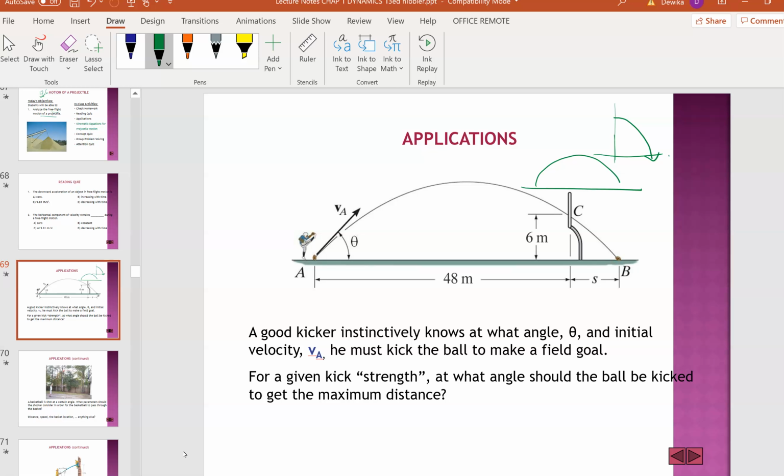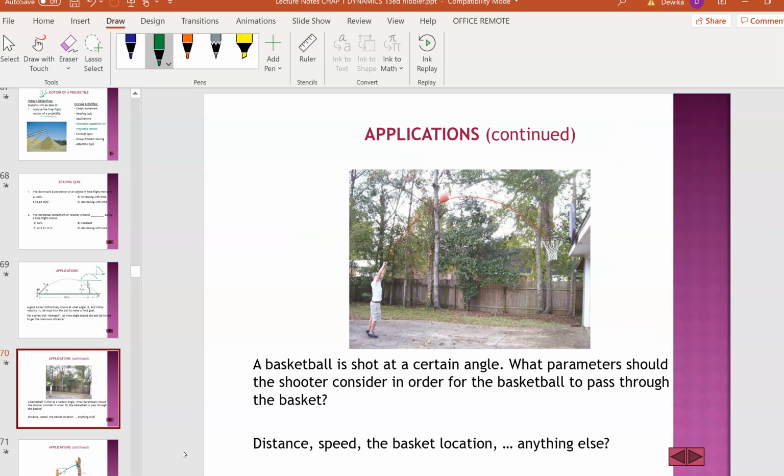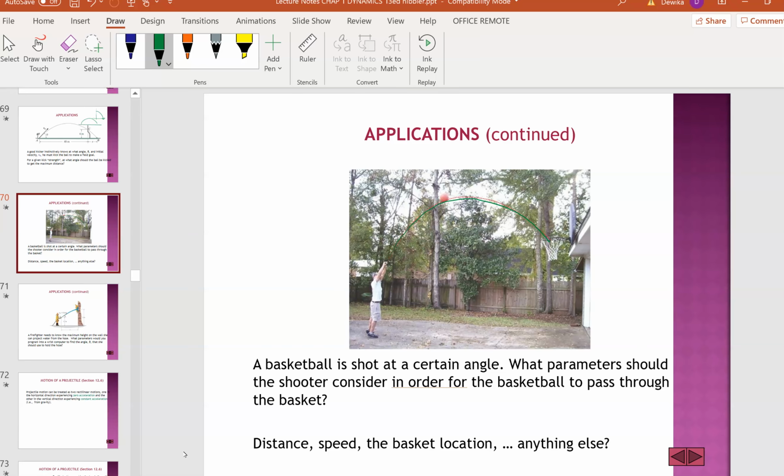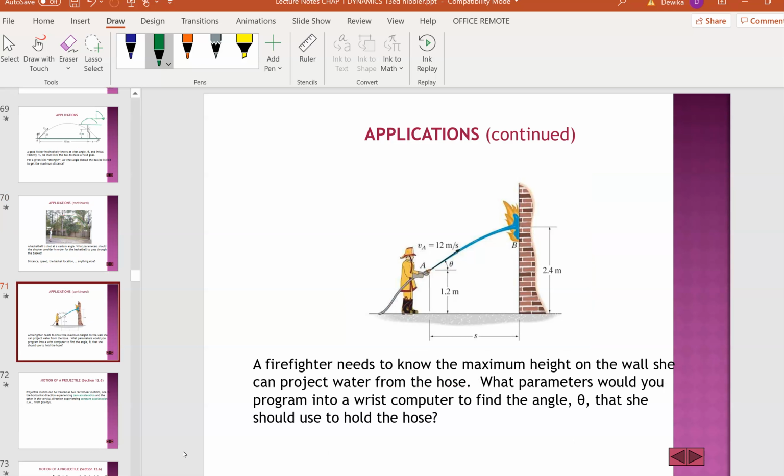So we're going to study what is the projectile. If you're playing netball or basketball, you launch the ball, it goes in a projectile motion. So it's kind of important. There's daily application. Even the firefighter, when he shoots the water, it's actually like a projectile. Can you see? It's curving, and that's a projectile motion.